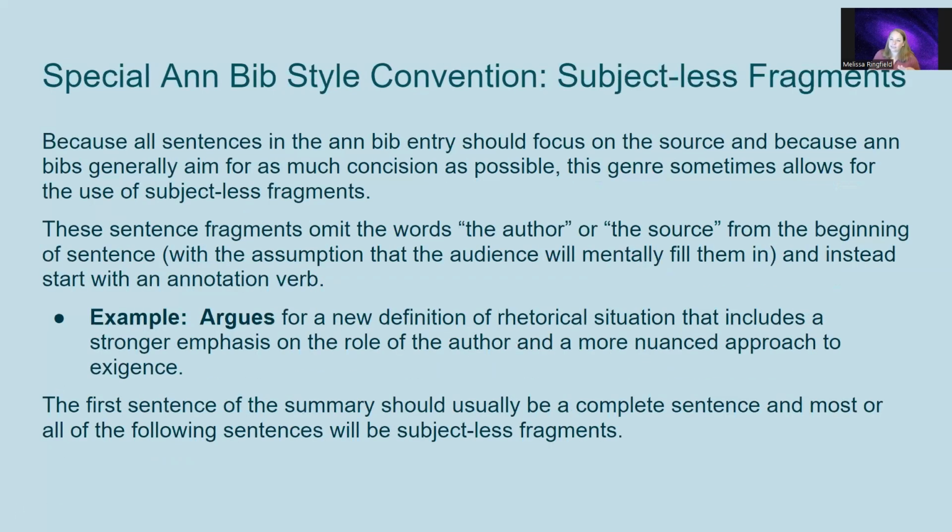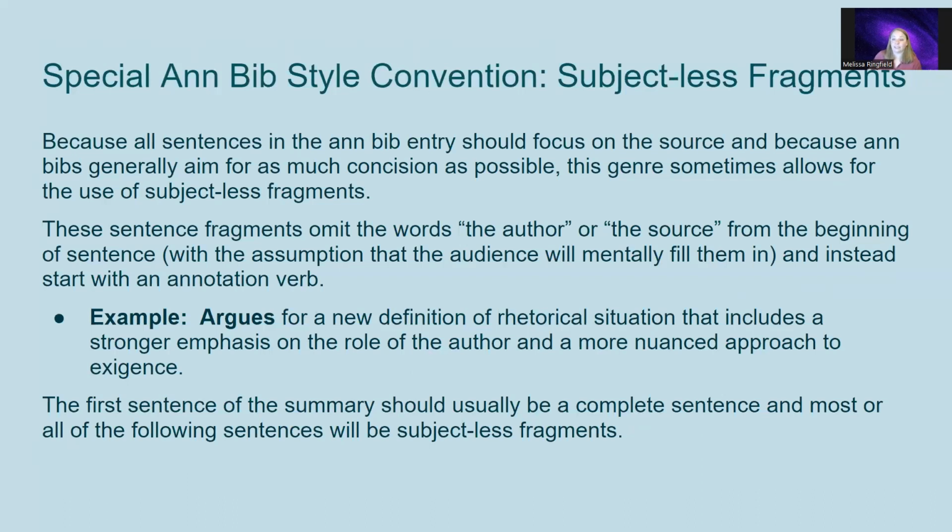Because all sentences in the annotated bibliography should focus on the source, and because ANBIBs generally aim for as much concision as possible, meaning as much information in as few words as possible, this genre sometimes allows for the use of subjectless fragments. These sentence fragments omit the words the author or the source from the beginning of sentences with the assumption that the audience will mentally fill them in.